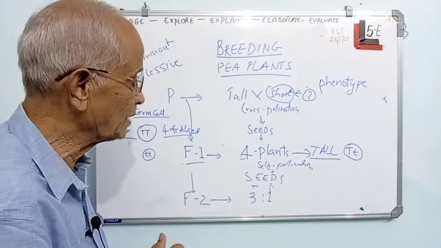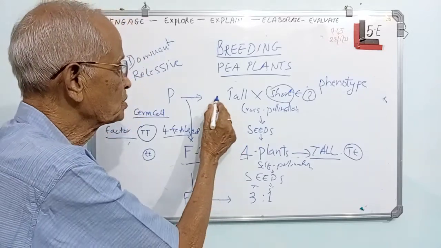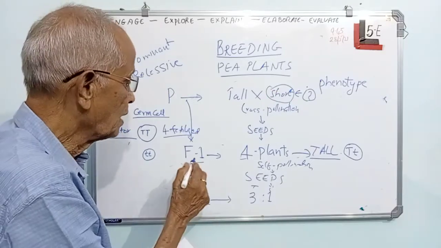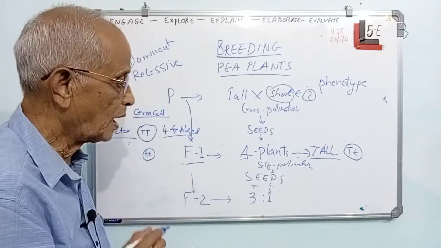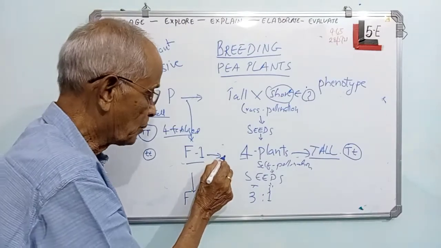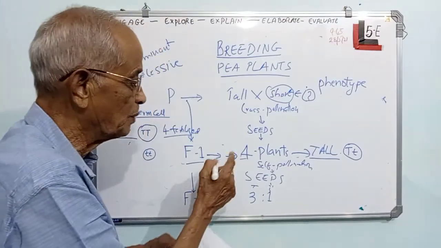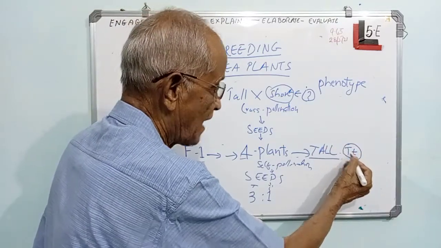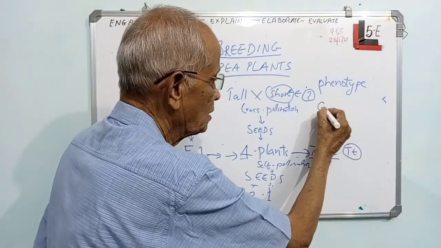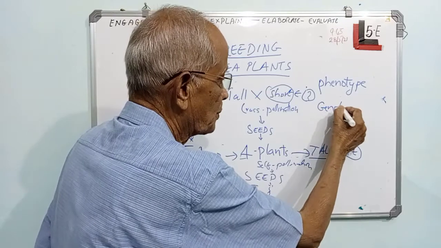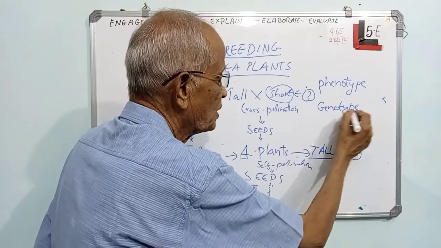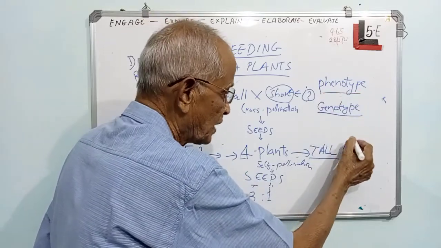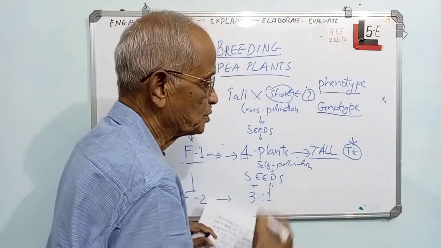So according to Mendel, when pure tall and pure short were crossed, he got the F1 generation. For appearance, the phenotype, they will be tall, but their internal part, the factors, is called the genotype. At that time he used the word factors; still, it is the genotype. What is present inside the cell is the genotype.